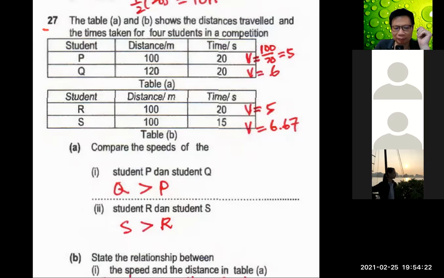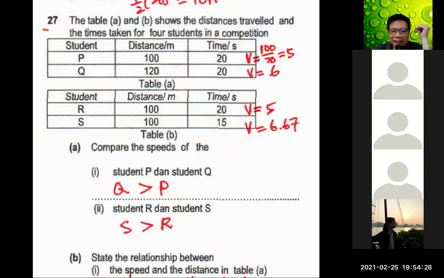Jiahe, can you try? The longer the distance, the faster the speed. Yes, very good. You can see here, the longer the distance traveled, the higher the speed, provided the time stays constant.